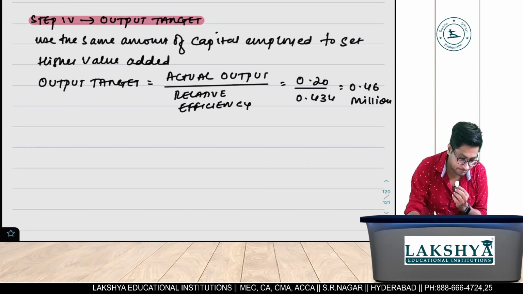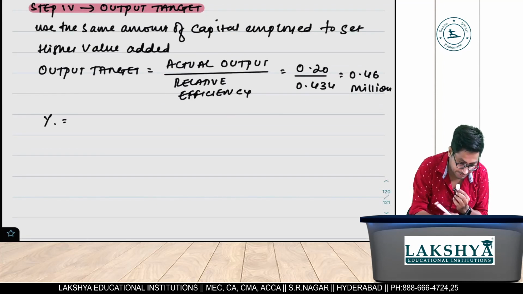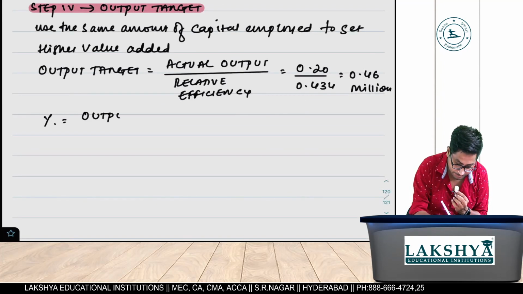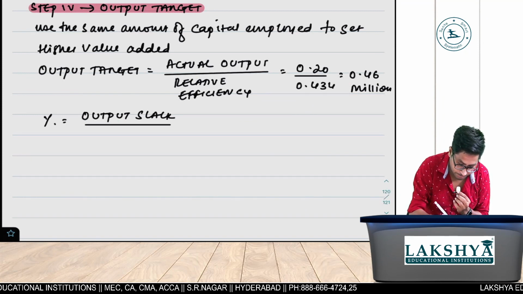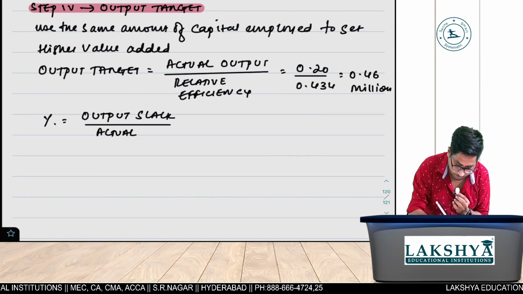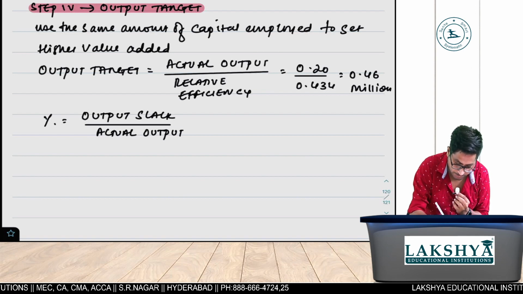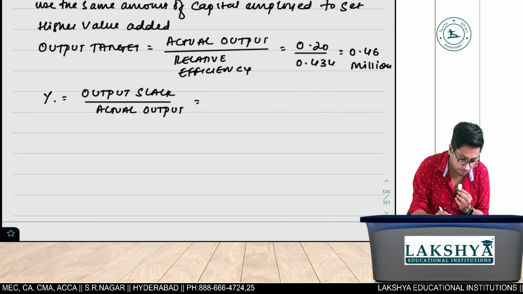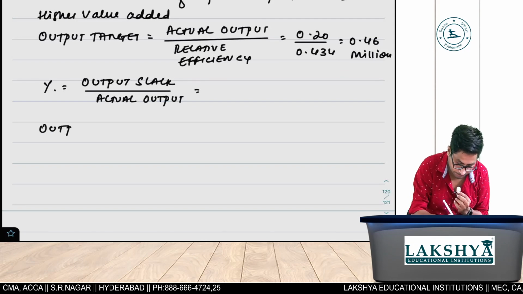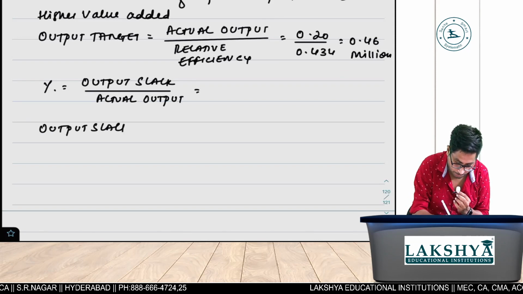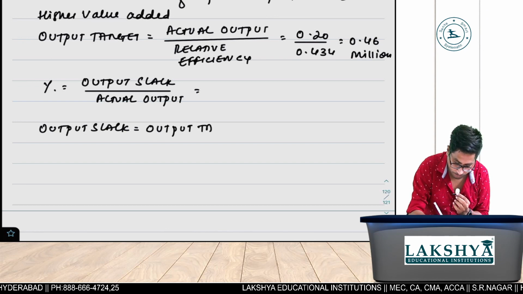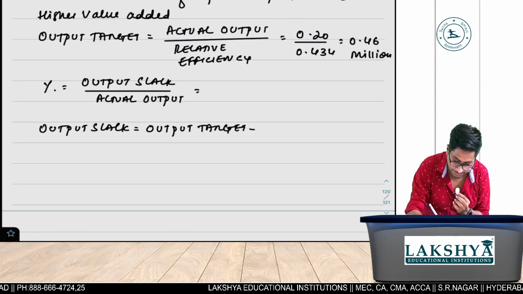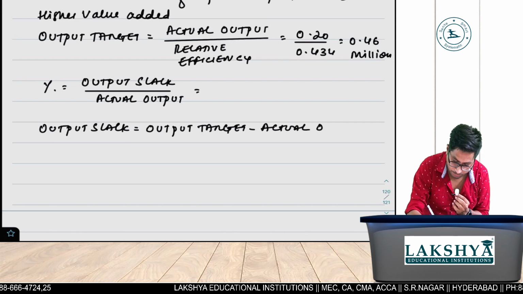Next we have to calculate what? Next, percentage. Percentage is equal to output slack by actual output. Now how to calculate output slack? Same formula. Output slack is equal to output target minus actual output.